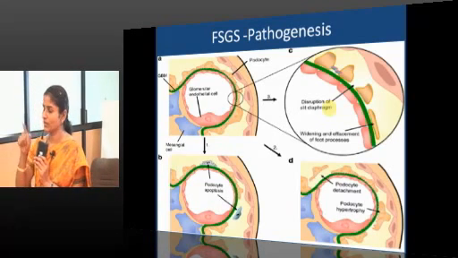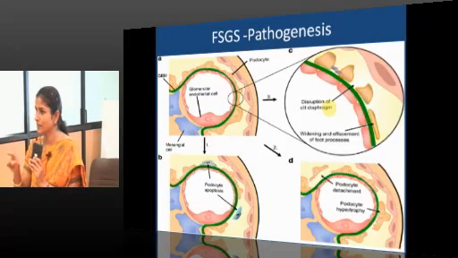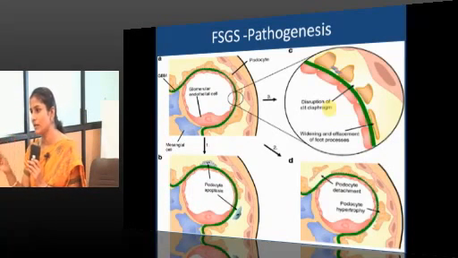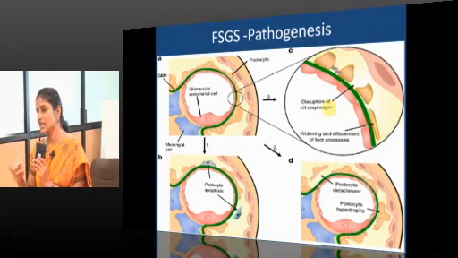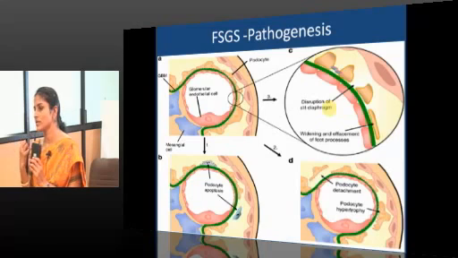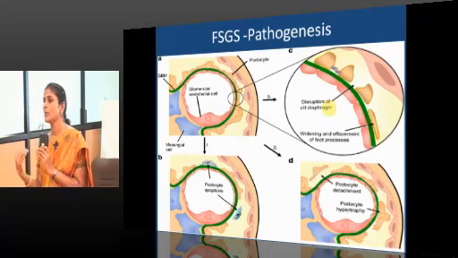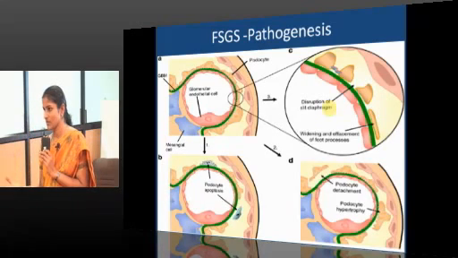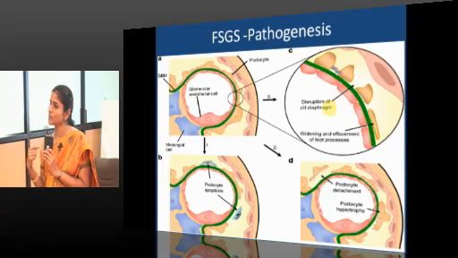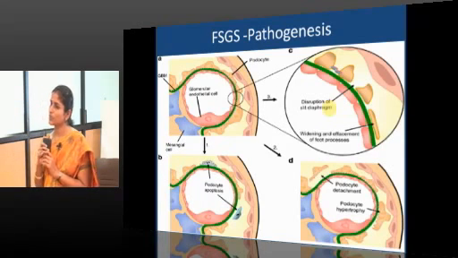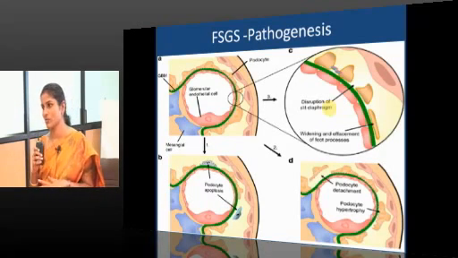When the capillary wall, endothelial cells or GBM is ruptured, that results in leakage of blood and urine, the nephritic syndrome. When visceral epithelial cells are damaged, protein reabsorption is affected, resulting in proteinuria, nephrotic syndrome. So, FSGS patients will present with nephrotic syndrome. Is it a proliferative or non-proliferative nephropathy?